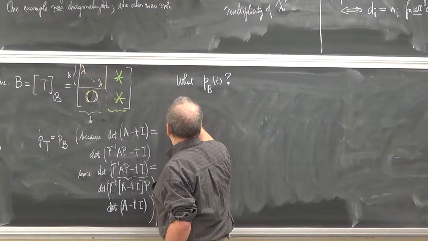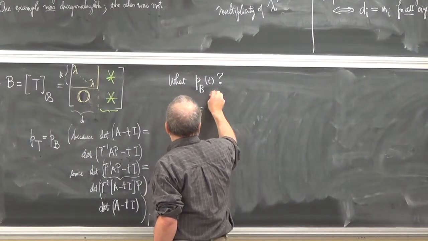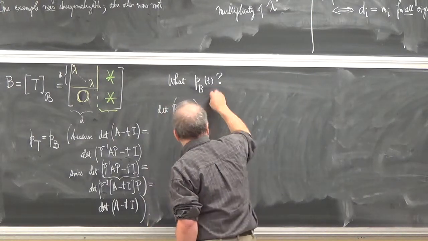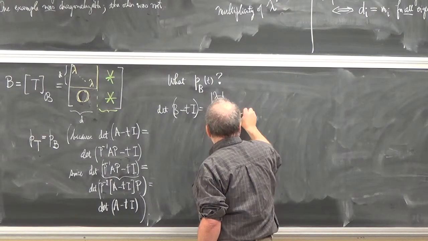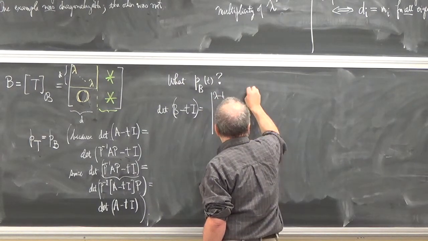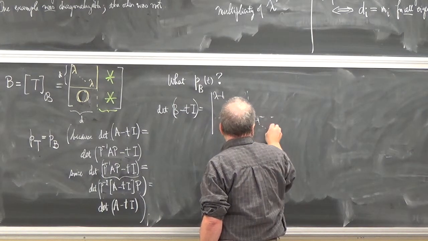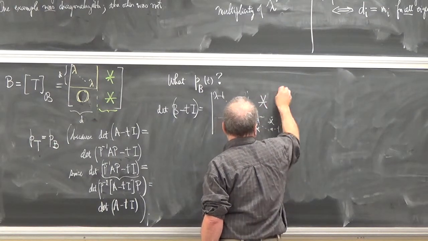Don't worry about that. So I'm taking determinant of B minus tI. So I'm going to subtract t from the diagonals. So that part I understand. But then I'm going to have junk here with junk minus t, junk minus t, junk, junk, junk.